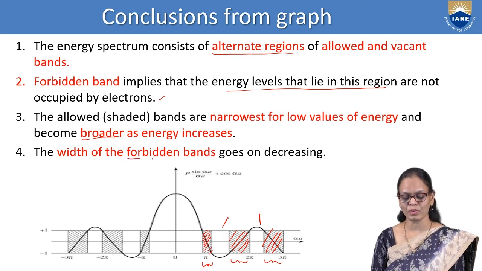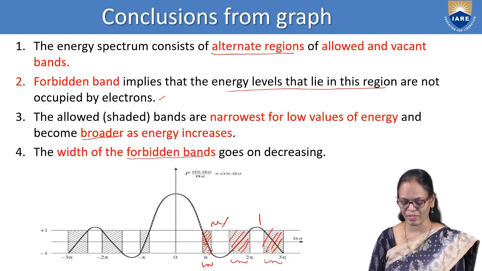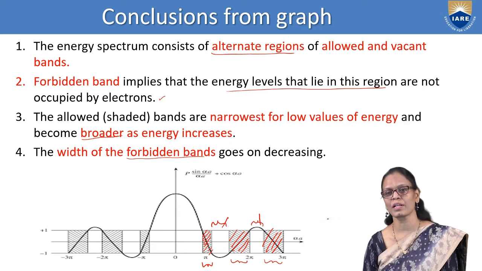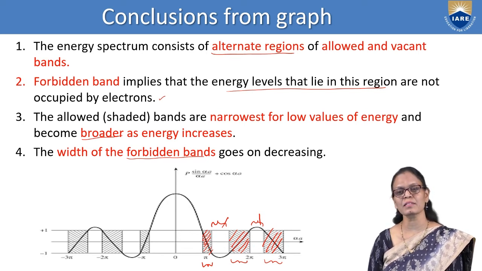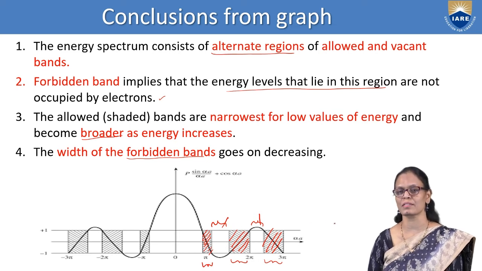And what has happened to the forbidden bands? If you see the forbidden band here, this is the width of the forbidden band, and here this is the width. So, as you see, the width of the forbidden band goes on decreasing. So, what you understand here is the width of the allowed bands increases, and the width of the forbidden band goes on decreasing.